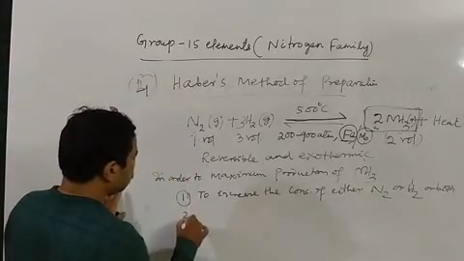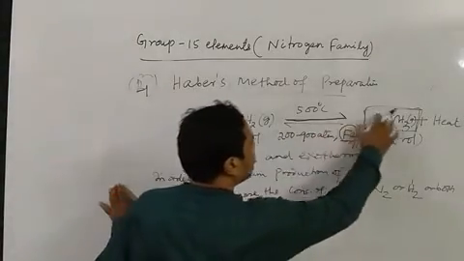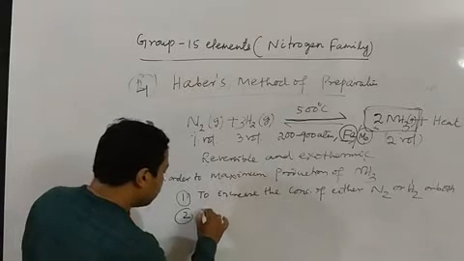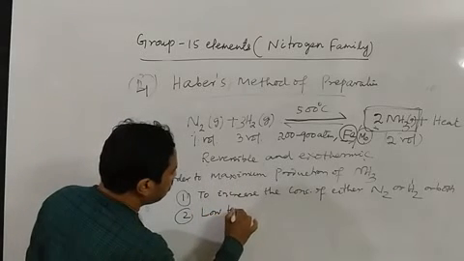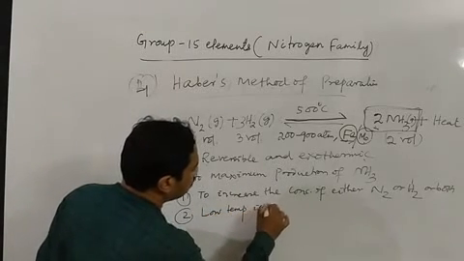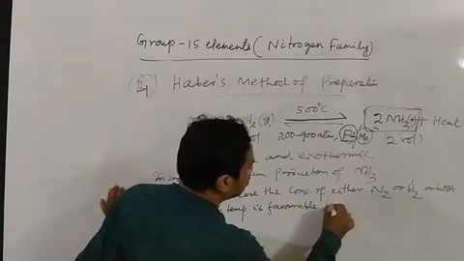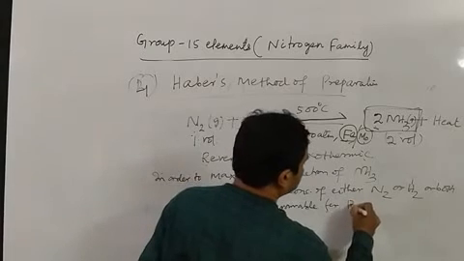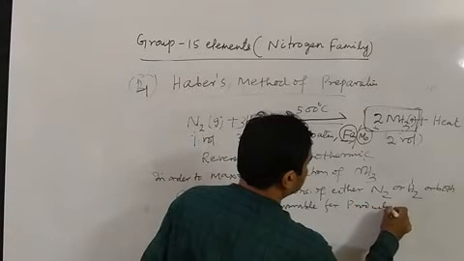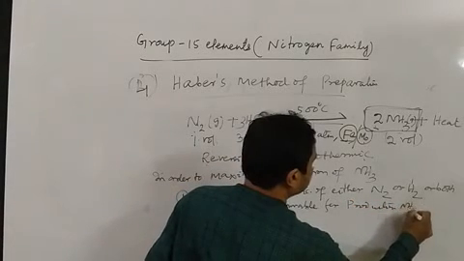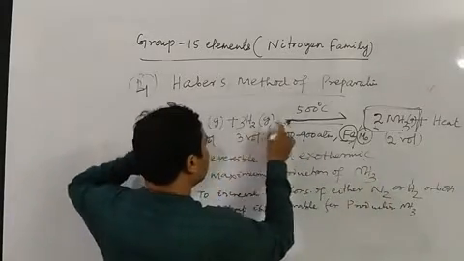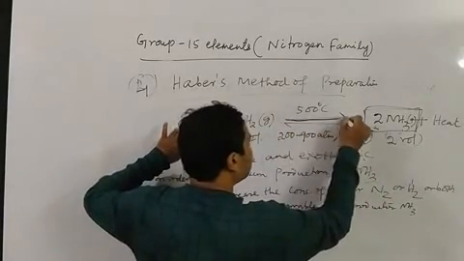Secondly, this reaction is exothermic in the forward direction, so low temperature is favorable for production of ammonia. At low temperature, the equilibrium shifts in the forward direction.